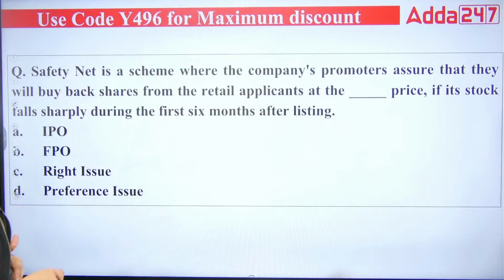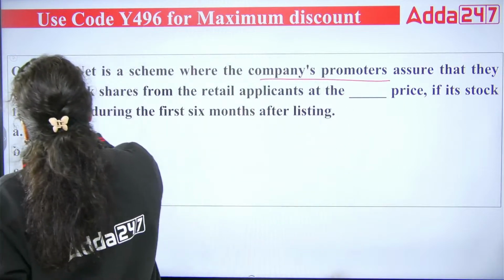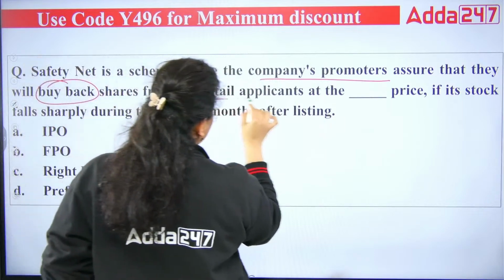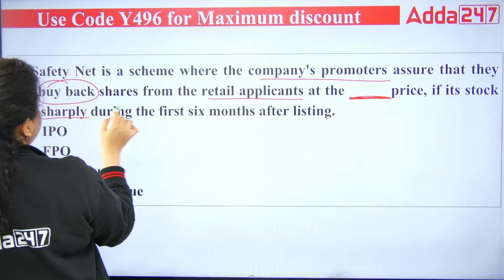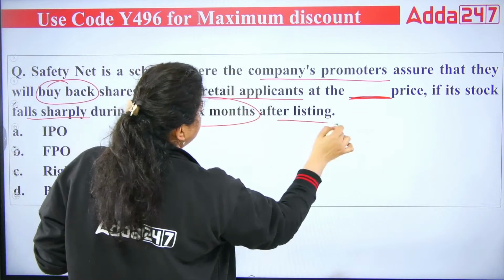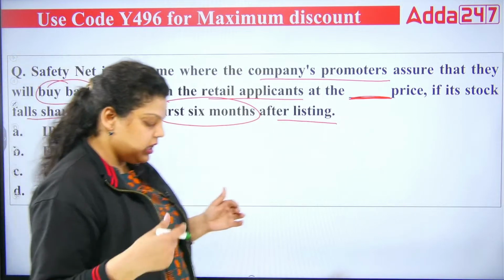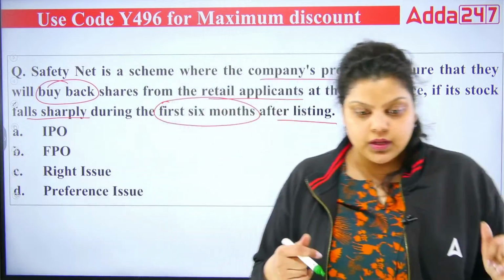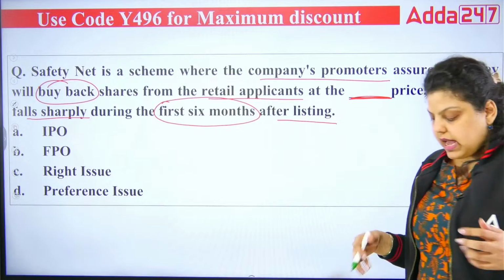Safety net is a scheme where the company's promoter assures that they will buy back the shares from the retail applicants at dash price if the stock falls sharply during the first 6 months after listing. So the safety net says, let's say for example, you have purchased a share of any company. Let's say the company issued the share today and I purchased the share.